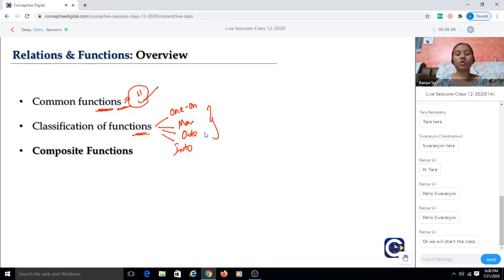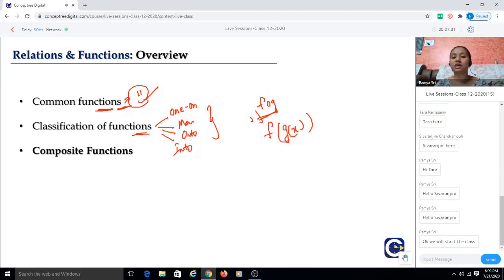Now we are going to start a new topic, composite functions. Before getting into it, you might have seen a typical representation like, for example, f of g, that is f o g. Since you have already passed your 11th standard, you might have seen these representations in your 11th mathematics.